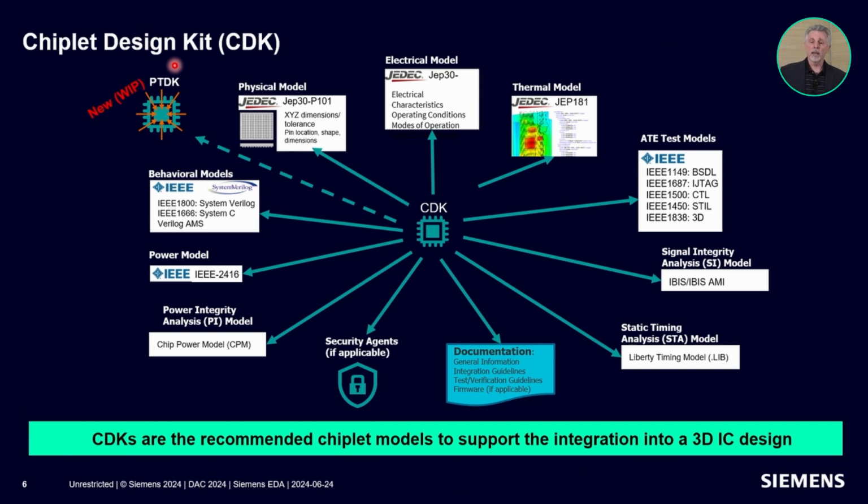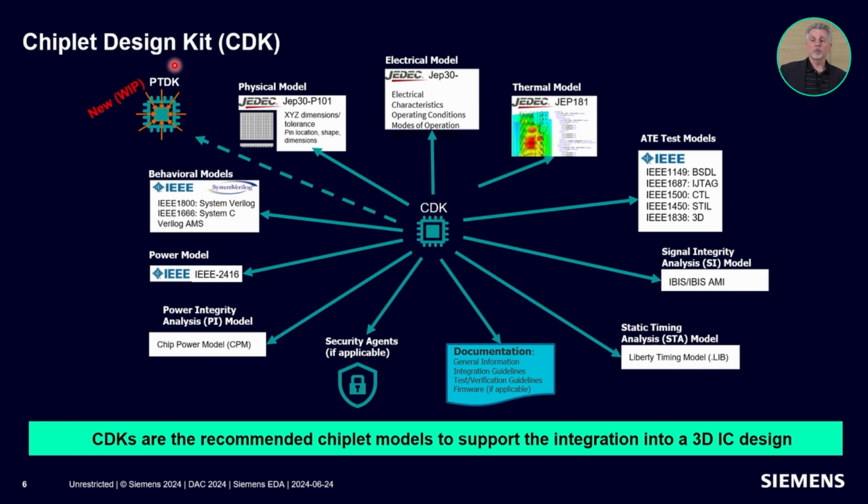So this was an effort that was developed in the CDX group. We called it CDMXL, and these have since become part of a JEDEC standard as the JEP physical model. This includes the physical X, Y, Z dimensions of each of the chiplets.